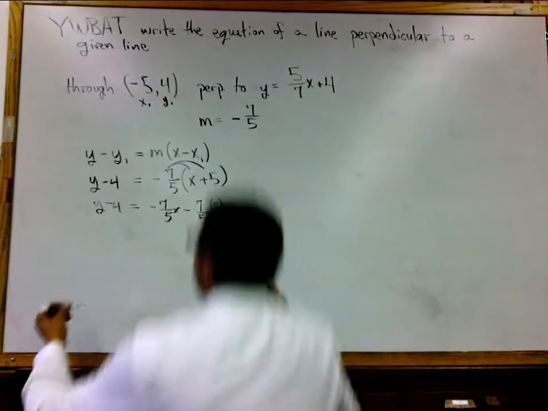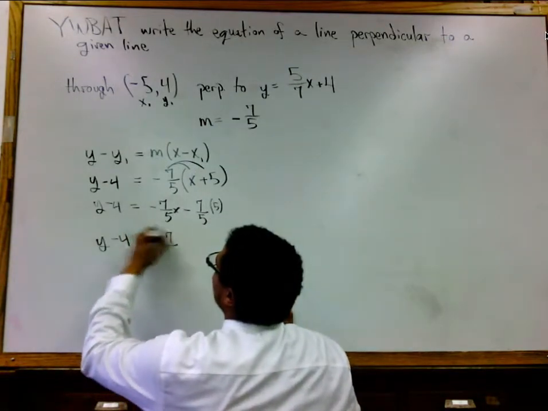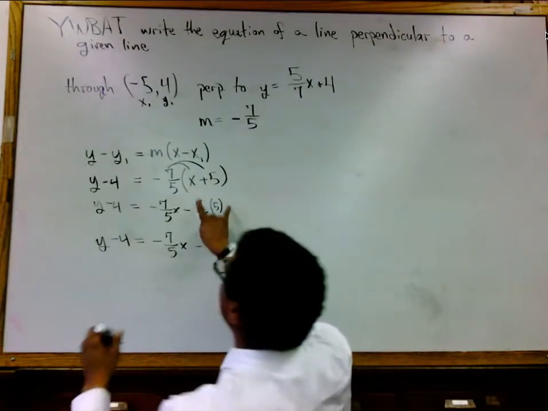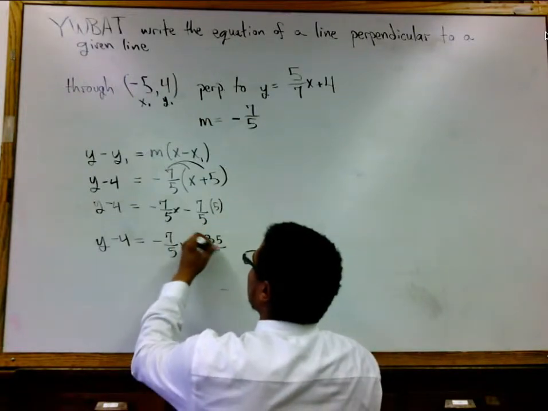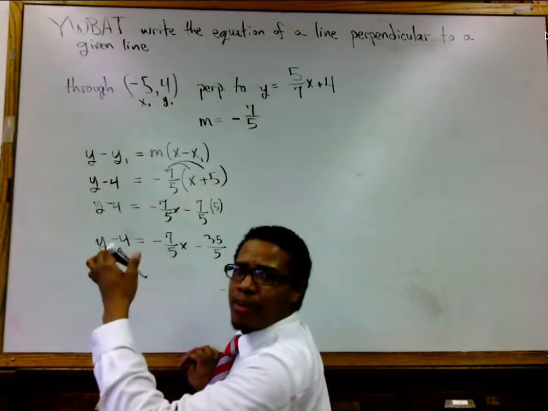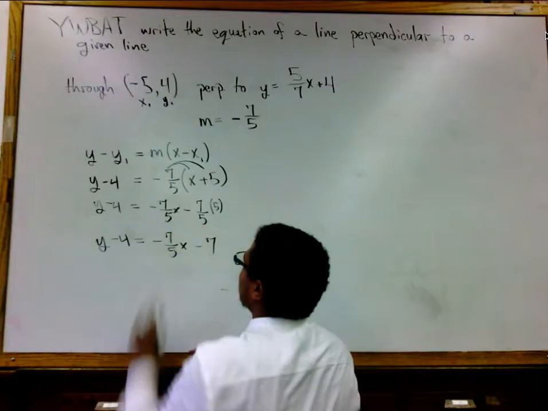And to further simplify, y minus 4 equals -7/5x minus, this is 35/5. And we can just write that as 35 divided by 5 is 7. So 35/5 is 7, so make that a 7.